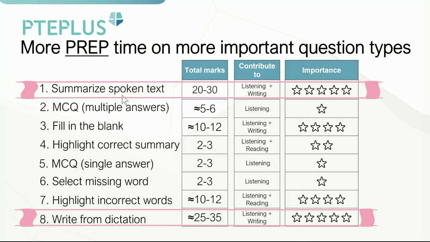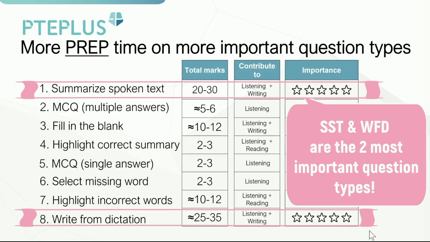And with summarize spoken text, a lot of it depends on your ability to pick out the key points that are being said, and also on how familiarized you are with the previous real exam questions, and also with the key techniques to tackle this question type.